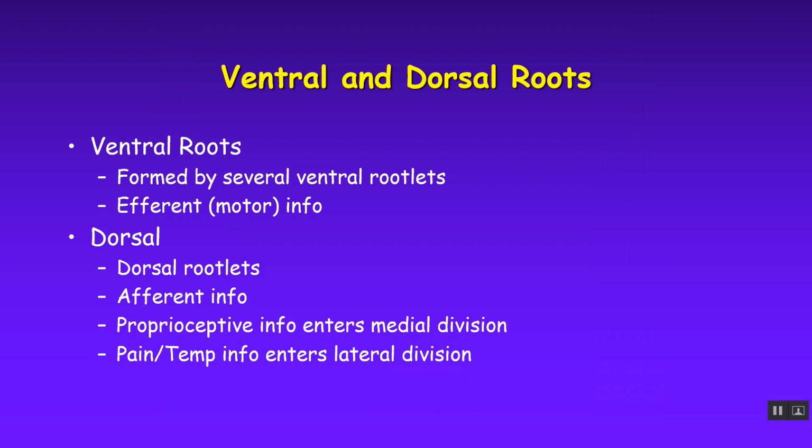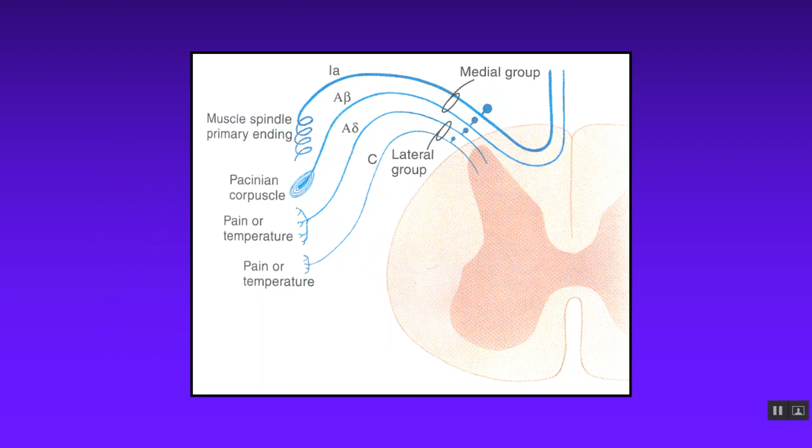Okay, this is again review: ventral and dorsal roots. We know we have ventral and dorsal roots. Ventral roots are for the efferent motor information and also autonomic efferents. The dorsal roots are for the afferent information. We know the proprioceptive information tends to come in through the medial division of the dorsal root, and pain and temperature through the lateral division.